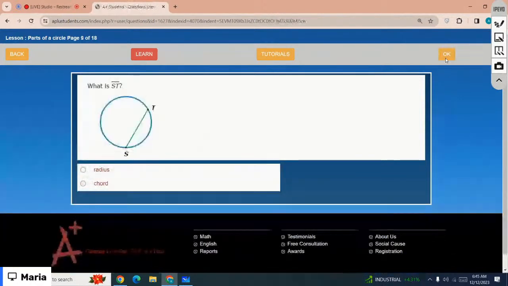Which is the correct option? That is the chord, right?